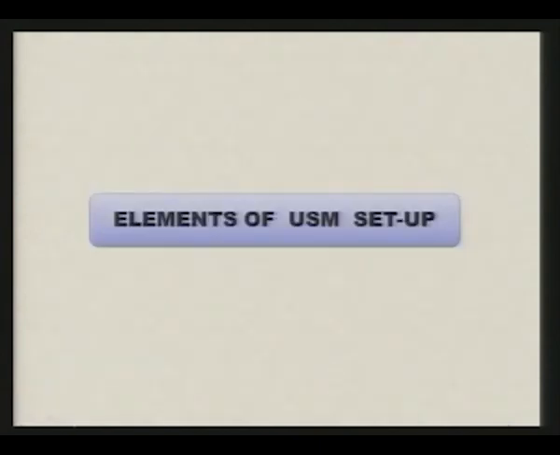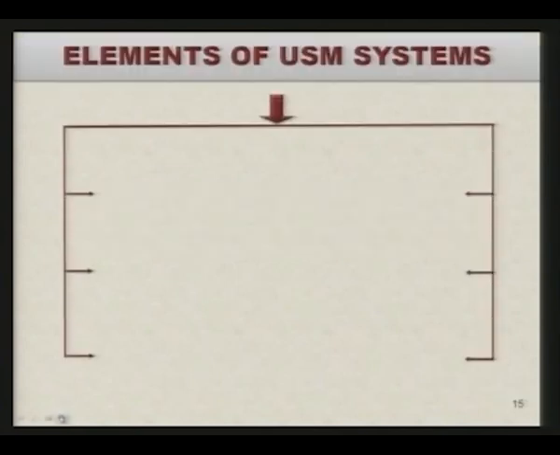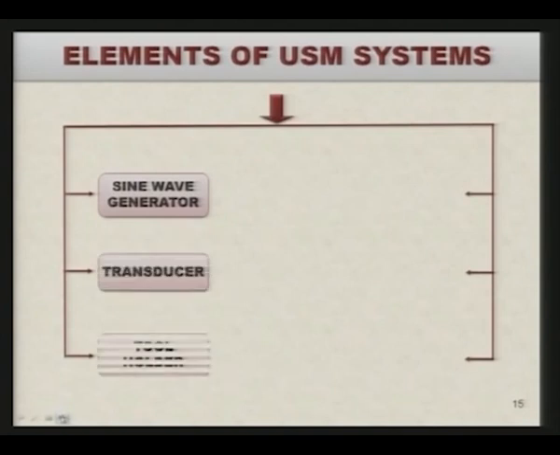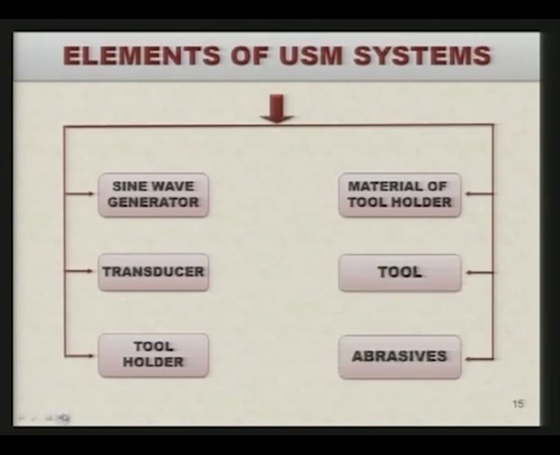Now, let us see in brief the various elements of ultrasonic machining. It includes sine wave generator, transducer, tool holder, material of tool holder, tool and the abrasive particles. Now, in brief we will discuss all these elements.